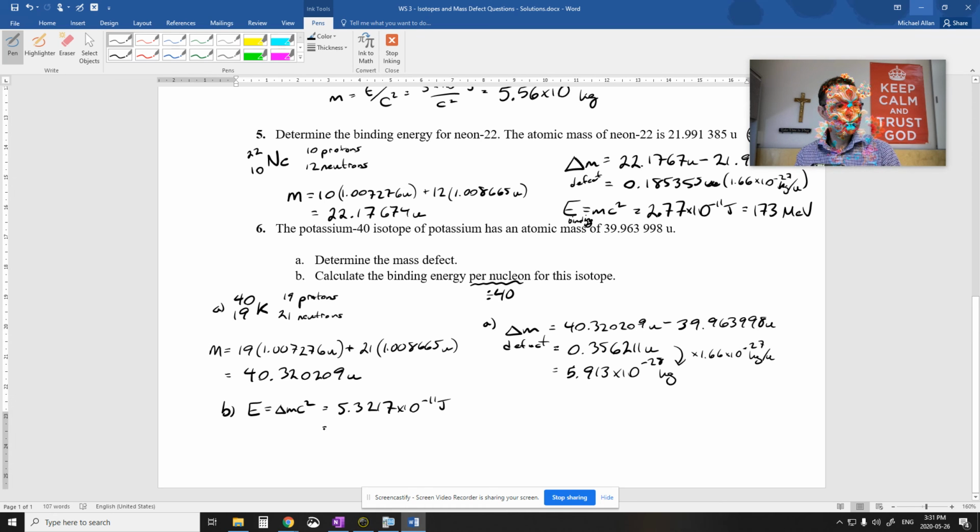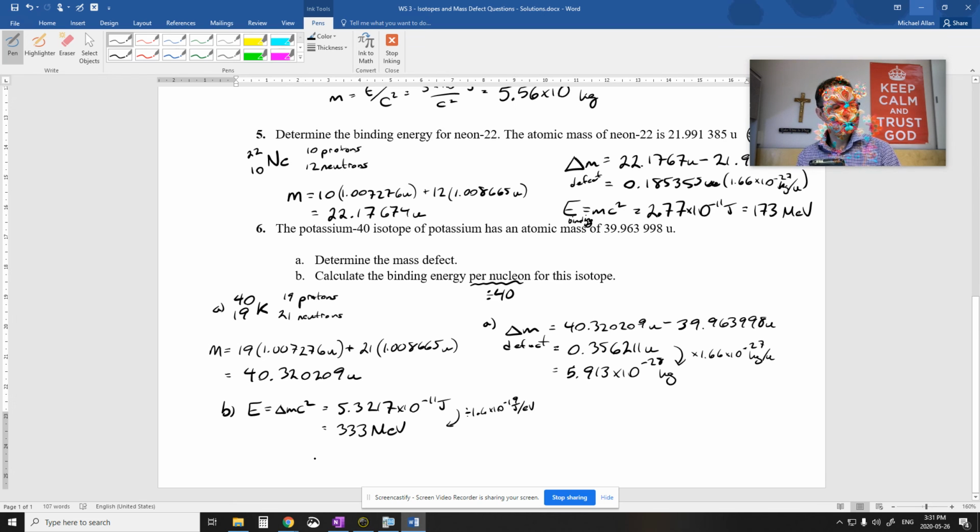Okay. Again, I'm going to change that into electron volts here. So I'm just going to divide by my number, 1.6 times 10 to the negative 19. That means that's joules per electron volt. 333 mega electron volts.